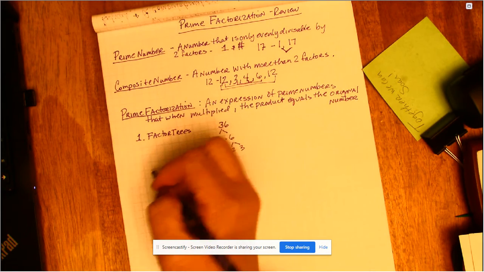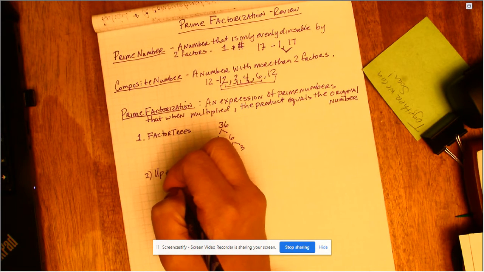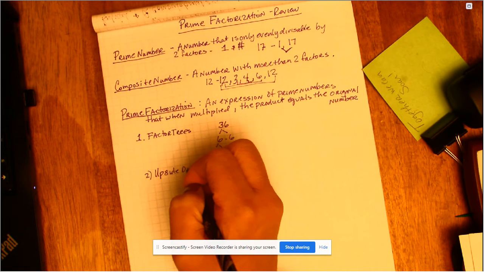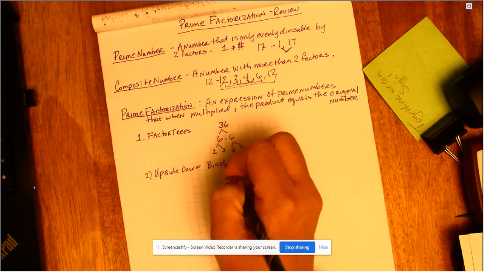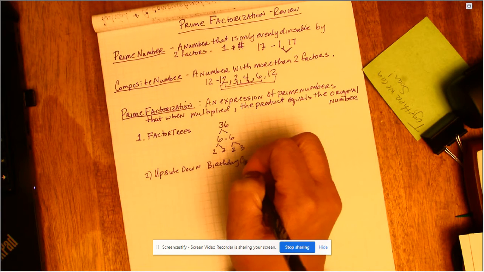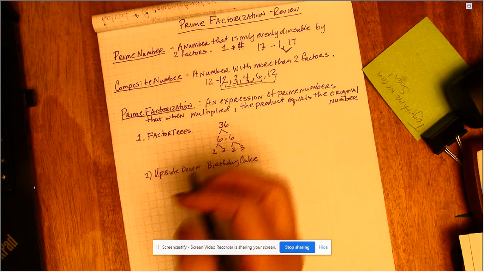So the second method we can use is called the upside down birthday cake. And with a birthday cake, of course, we always need to have a candle. And that's what our goal is. The number that we're factoring is going to be on top, and the bottom should be its birthday candle.